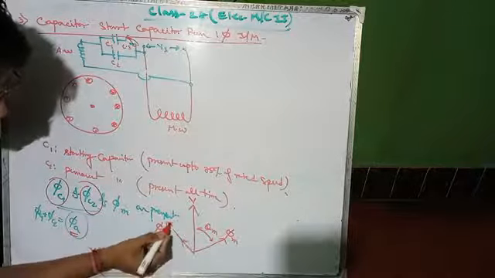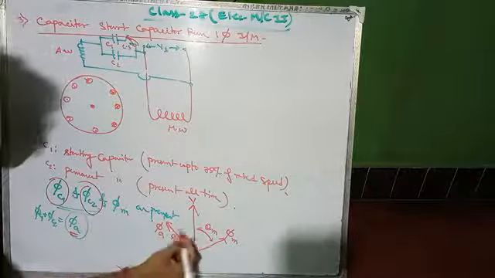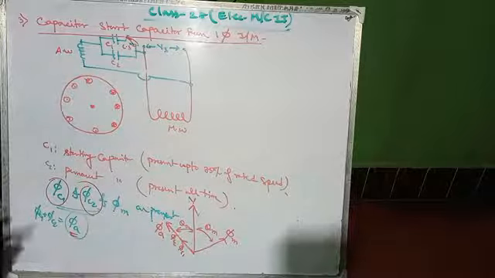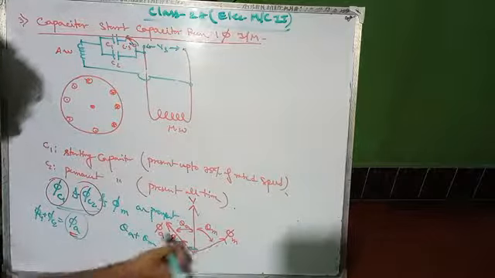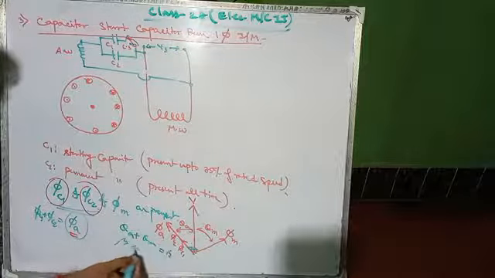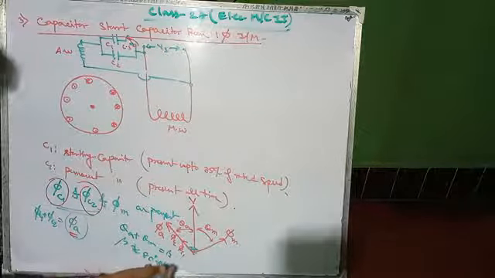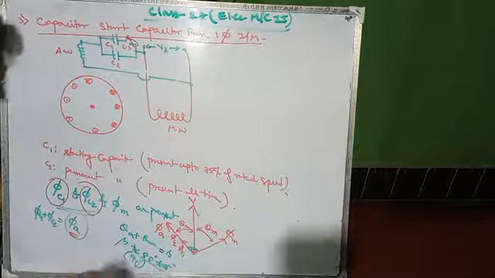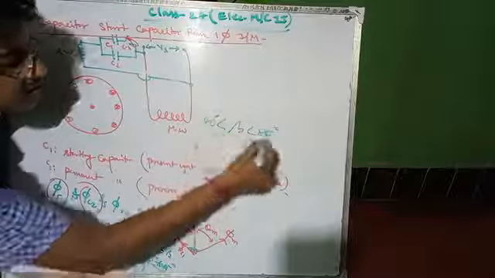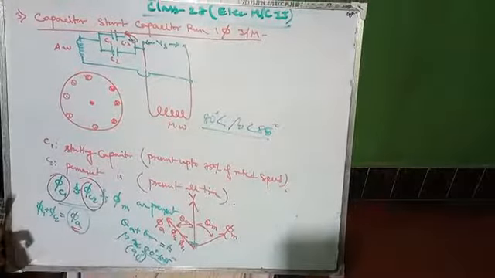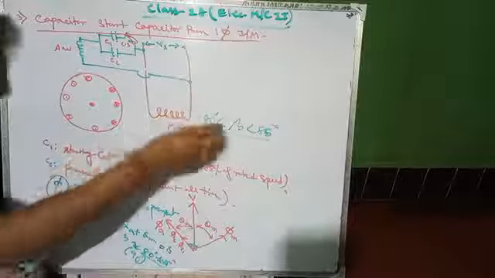This is phi C1 and this amount is phi C2, and this angle is theta A. So theta A plus theta m equals the total angle between phi m and phi A, equal to beta, and this beta tends to 80 to 85 degrees, almost 90 degrees. So it is much better compared to the capacitor split phase induction motor, as it is very near to 90 degrees.